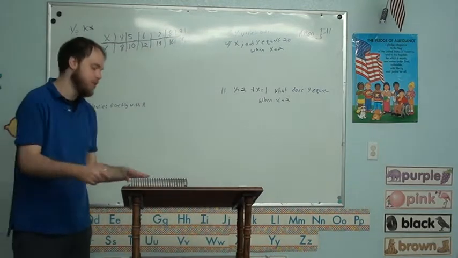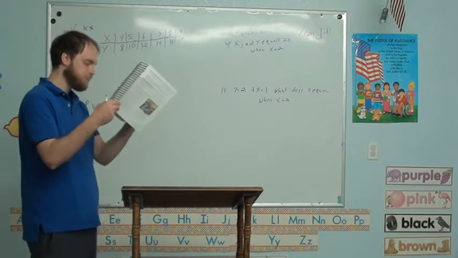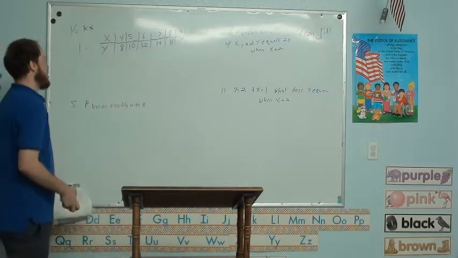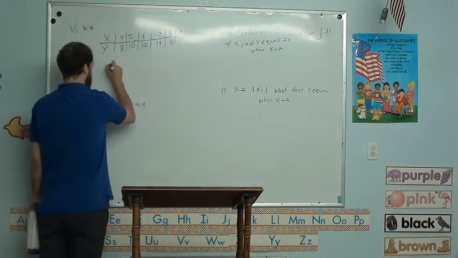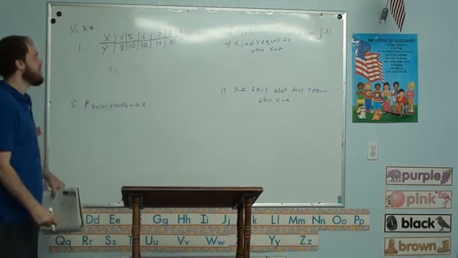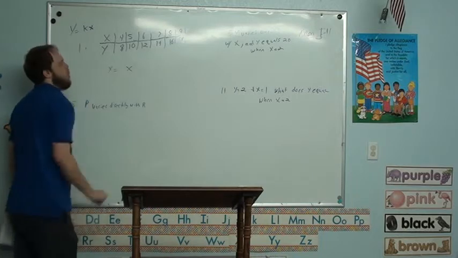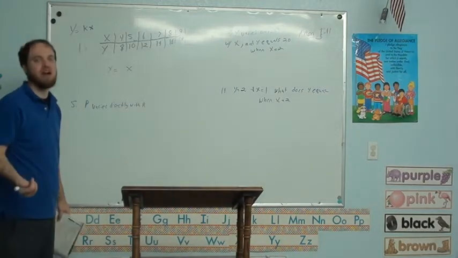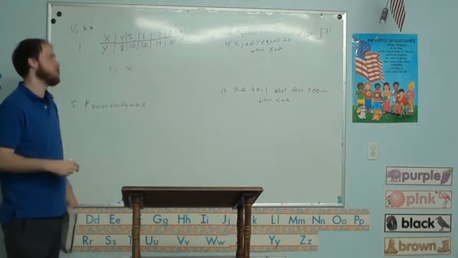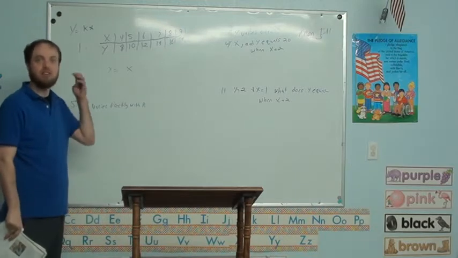To solve this, you want it written in terms of y. So y equals what x? What do I have to do to the x value to get the y?